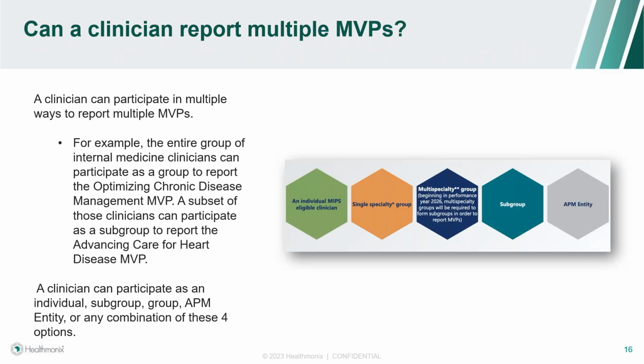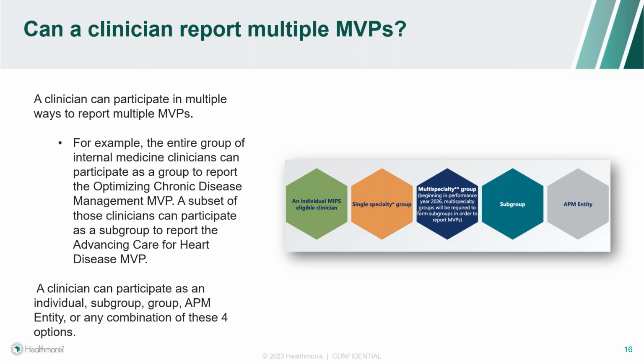Can a clinician report multiple MVPs? Yes, a clinician can participate in multiple ways to report multiple MVPs. You can report as an individual. You can report as a multi-specialty group. There are also subgroups that you can report. You can report them as an APM entity.